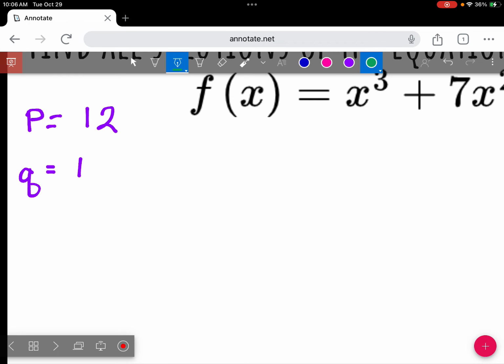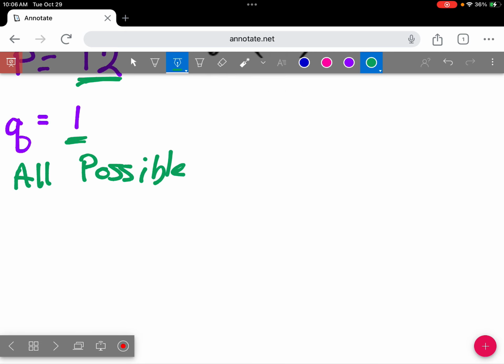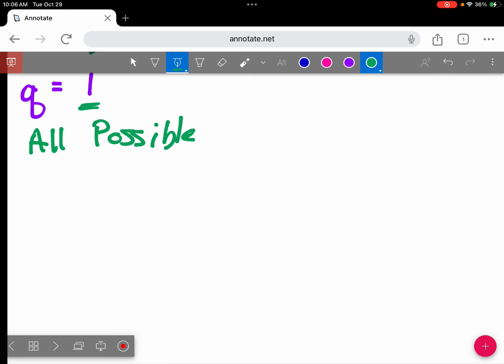So our all possibles are going to be our factors of 12 over our factors of 1. So we're going to take our plus or minus factors of 12 over factors of 1.